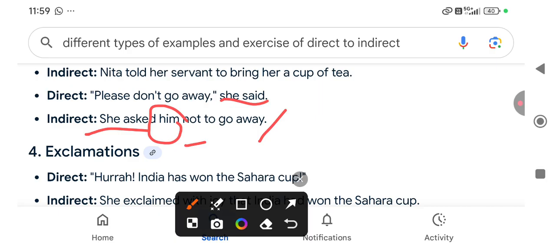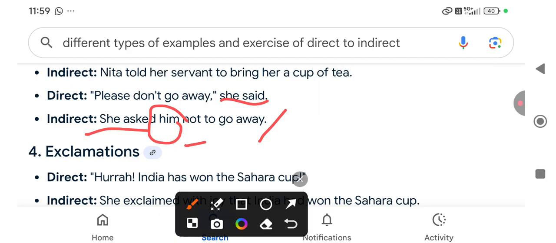You can say she requested not to go away. This way also you can write.